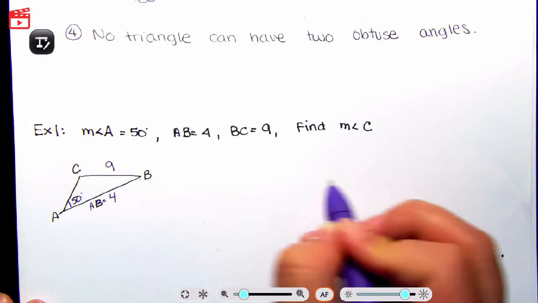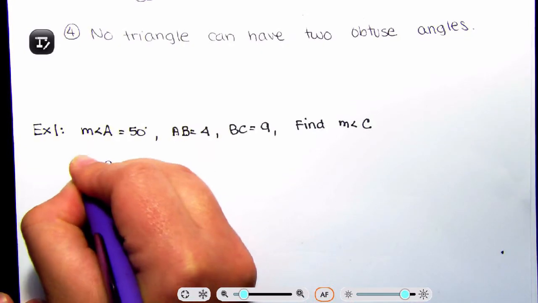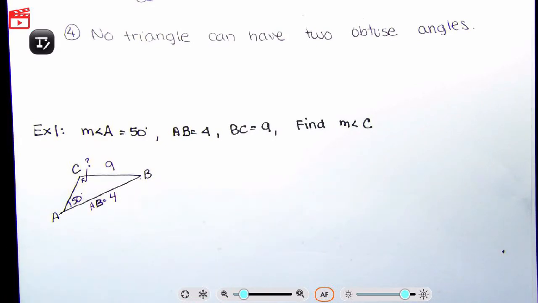And we want to know what the angle is for angle C. So it's a little bit different, but we can do it. Let's play this out. This is where you check if you can use law of sines, or perhaps you have to use law of cosines. Let's find this out.